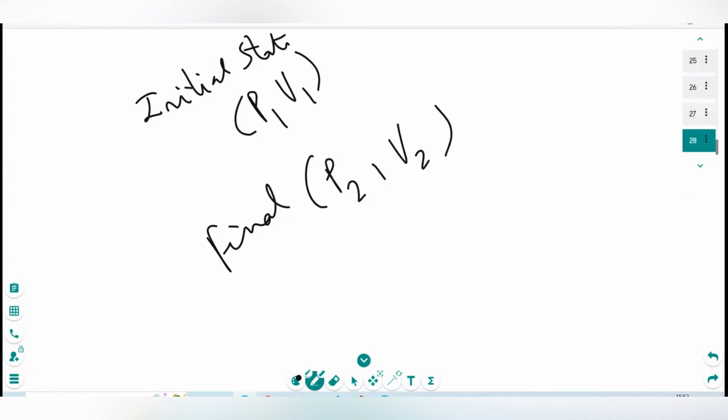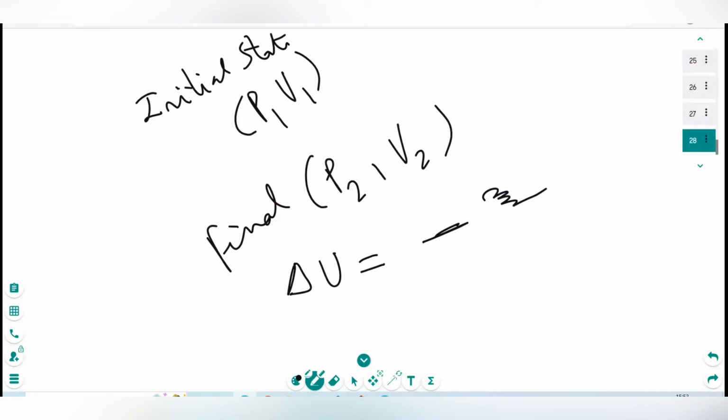Now, change in internal energy, how is it achieved? It is not known. We don't know how it is achieved. But the difference of the two path dependent quantities gives rise to the path independent quantity.